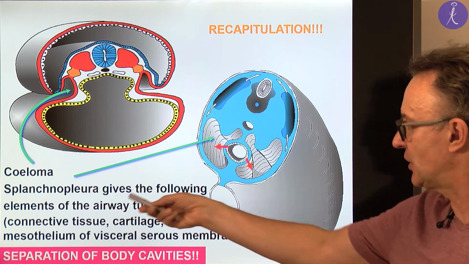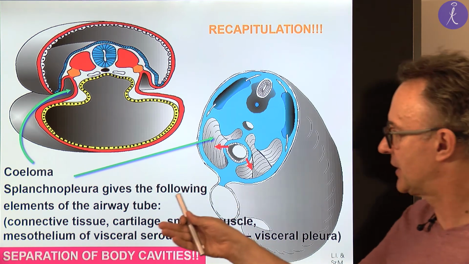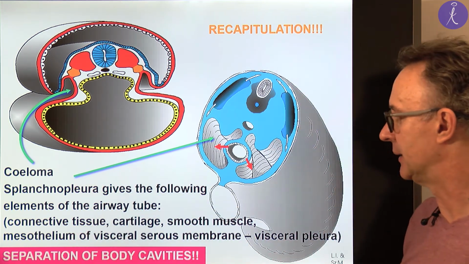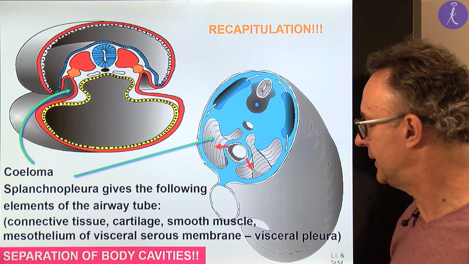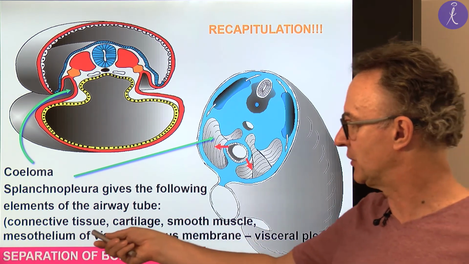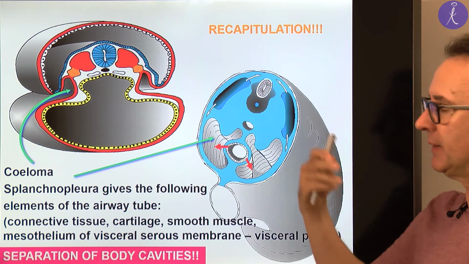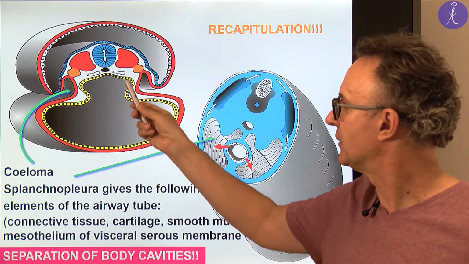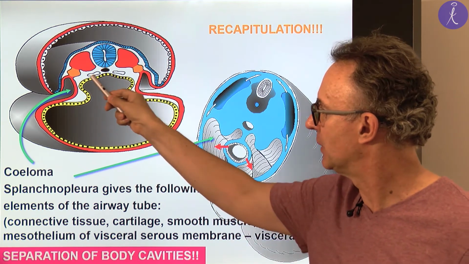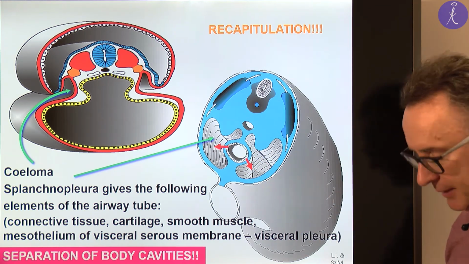That's why the light blue, which is called splanchnopleural or visceral mesoderm, gives the non-epithelial derivatives, such as the connective tissue, smooth muscle, and cartilage, and also the mesothelial lining of the visceral serous membrane. And as I mentioned, the epithelium and the associated glands of the airways will form from the endoderm of the foregut, so from the whitish cell layer.